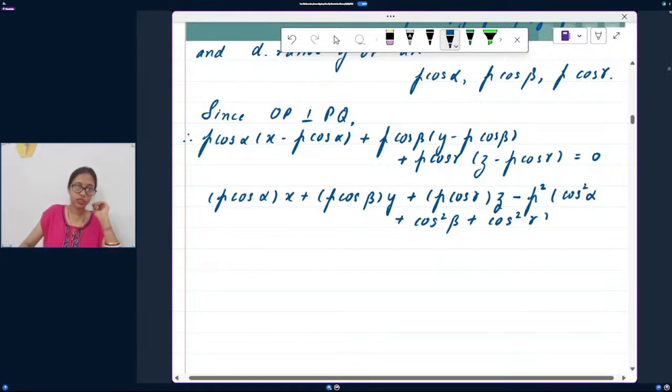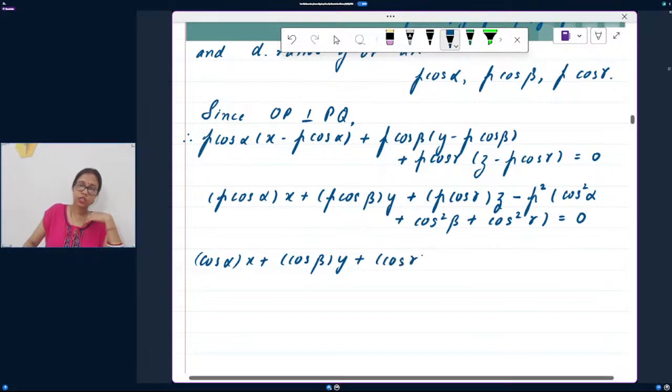You very well know what that is. So now I can take p common throughout, and I'll get cos alpha x plus cos beta y plus cos gamma z is equal to p.